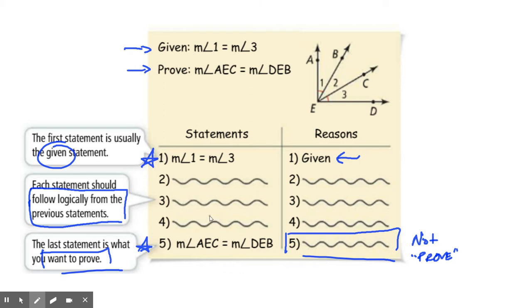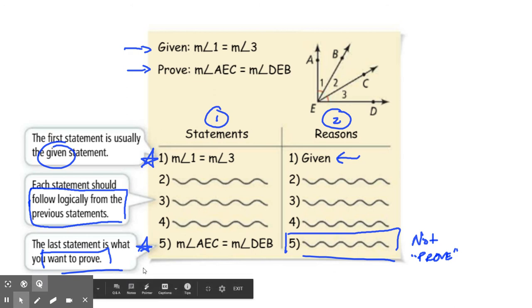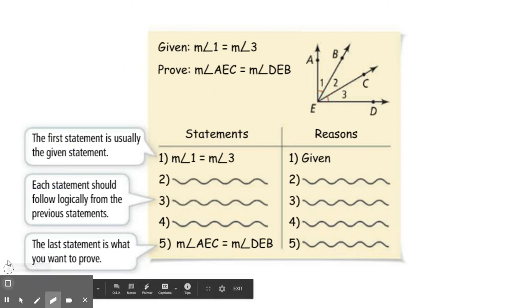No. There's no telling how many steps a proof has. And you know what? If you see it differently than your friend, you might take 8 steps, they might take 4. So it's not an equal idea thing, but it's can you logically get from one step to the next? Delta Math has some really cool proofs, and it's nice how it helps you fill them out. So I really enjoy that. And again, it is called 2 columns because your first column is statements and your second column is reasons.